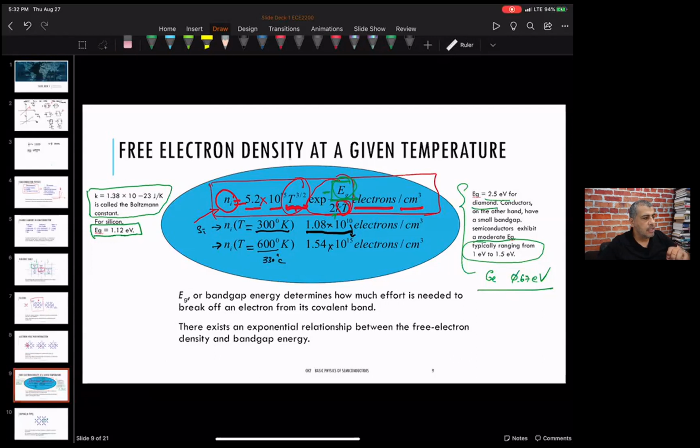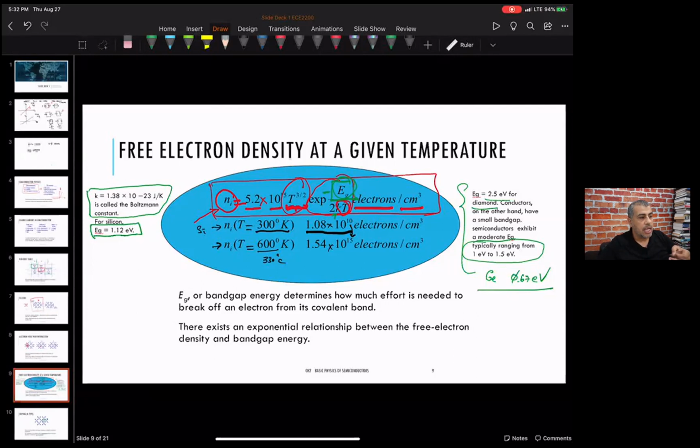The thing to remember from this one is a good number to remember, or at least know where to look up, which is the density of carriers at 300 degrees Kelvin, which is room temperature. It's 1.08 times 10^10 electrons per centimeter cubed.